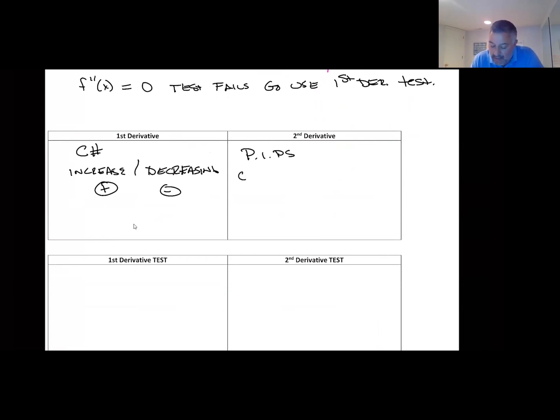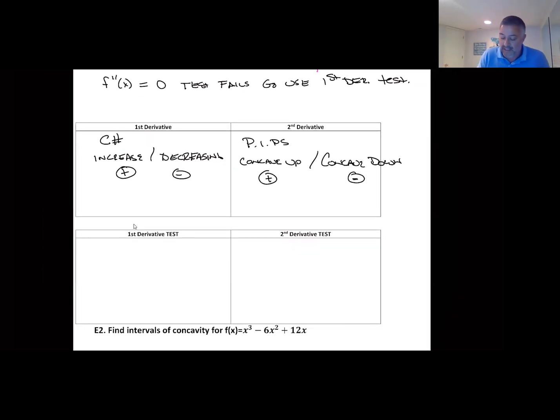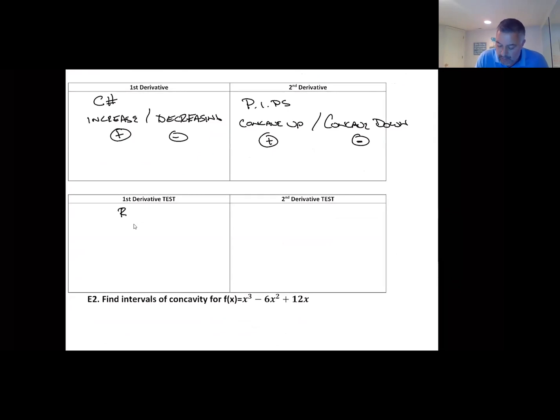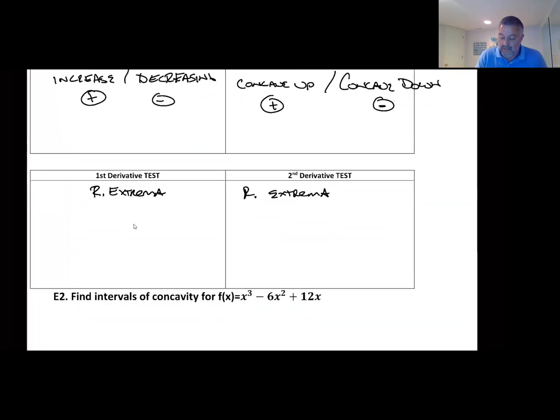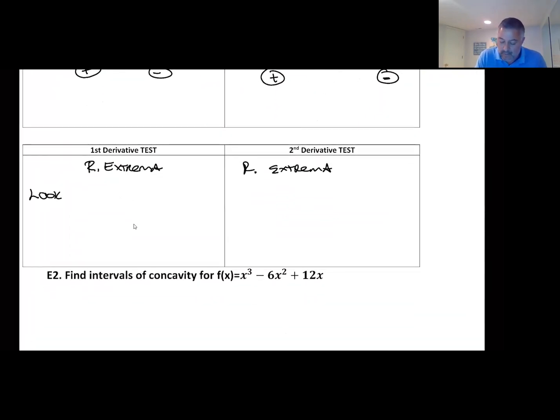I get concave up versus concave down, positive, negative. Okay, the first derivative test is for relative extrema, as is the second derivative test.